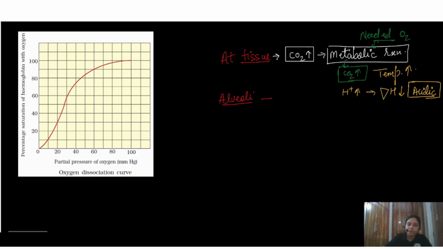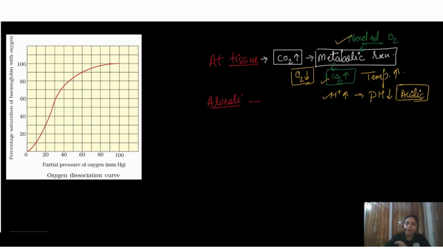The pH is decreasing, and oxygen is low at the tissue level because it is needed in every step of the metabolic reaction.